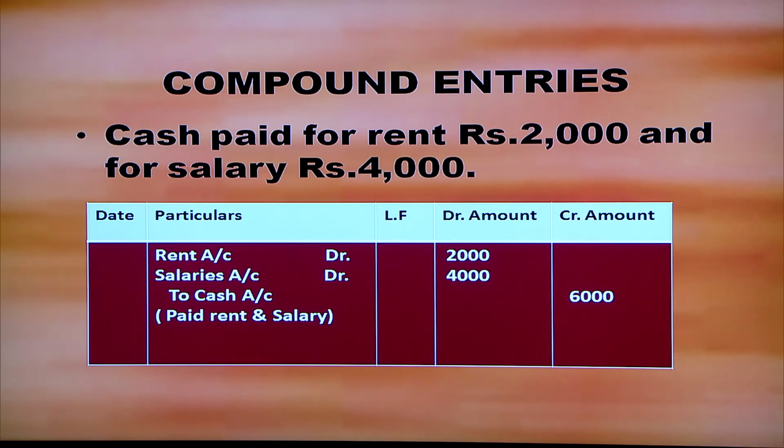Here rent account and salary account is debited and cash is going from the business, so cash is credited. Rent and salary being expenses are debited because expense is increasing. Cash is going from the business. Rule for asset account: when asset decreases, it is credited.